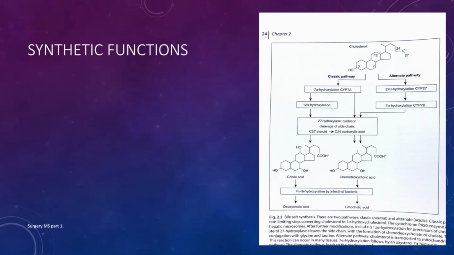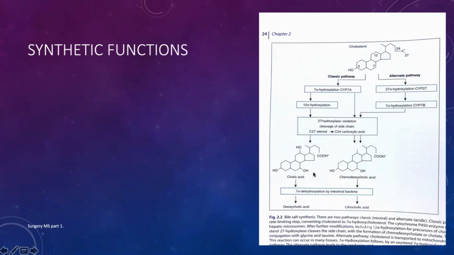So in the classic pathway, cholesterol undergoes 7-alpha hydroxylation, and that is by the cytochrome P450 enzyme system. And then it undergoes 12-alpha hydroxylation. Because of that, ultimately you end up with cholic acid and chenodeoxycholic acid.